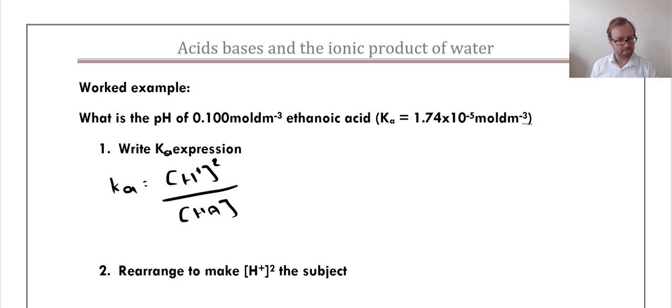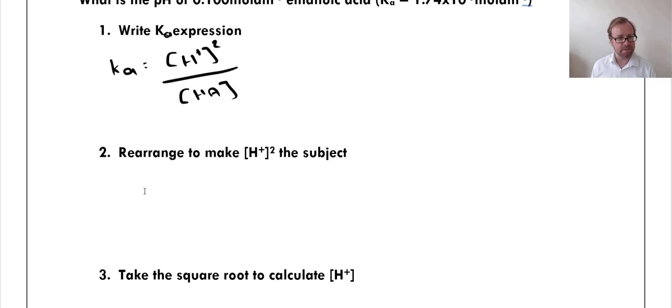I'm just going to leave it as that for a second. Rearrange to make [H+] squared the subject. So [H+] squared equals, bringing this up, Ka times the concentration of the original acid.